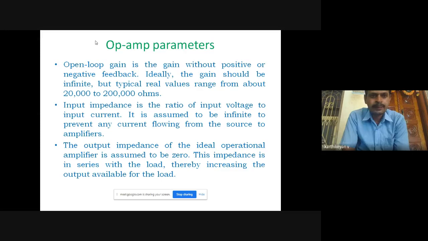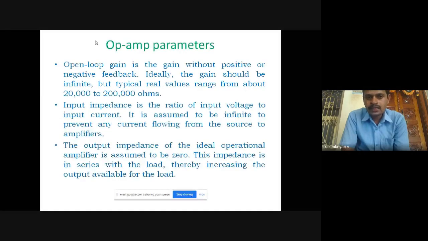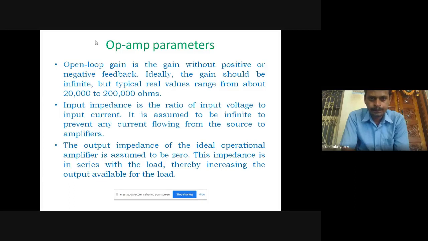And then op-amp parameters. Open loop gain is the gain without positive or negative feedback. Open loop gain is one parameter. Second parameter is the input impedance, which is the ratio of input voltage to the input current.